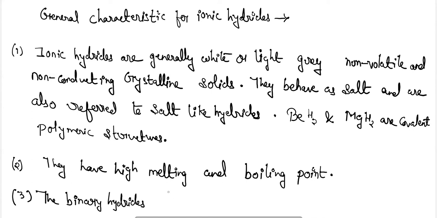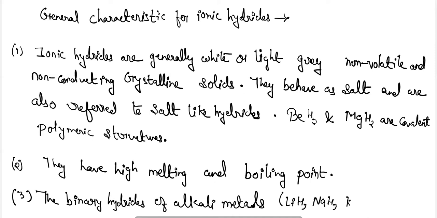The binary hydrides of alkali metals, for example LiH, NaH, KH, CsH, etc., have a rock salt like structure. Okay, they have a structure similar to that of rock salt.